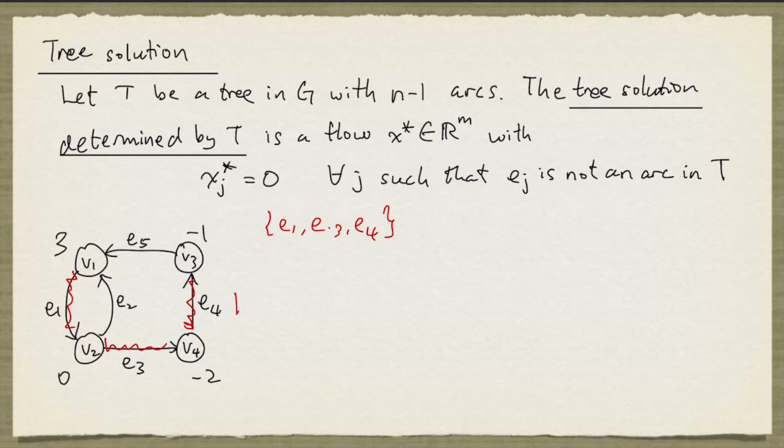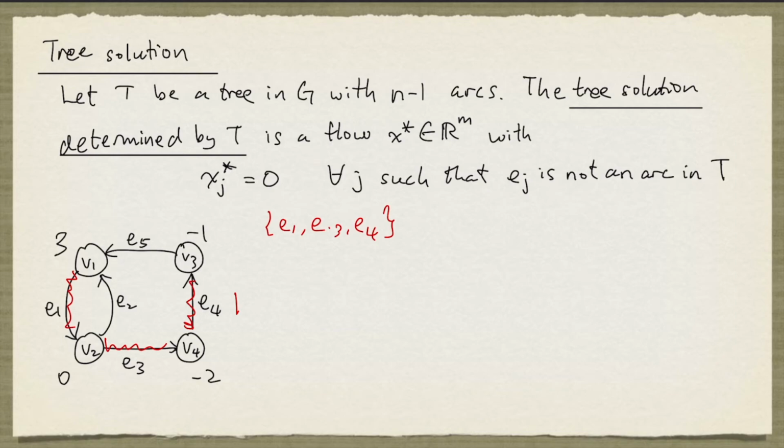Because remember the interpretation of the flow conservation constraint, the net flow out of a node has to equal the supply value at that node. Because there's no flow coming out of V3, we must have 1 unit of flow going into V3. And that's only possible if we set the flow value on E4 to 1.